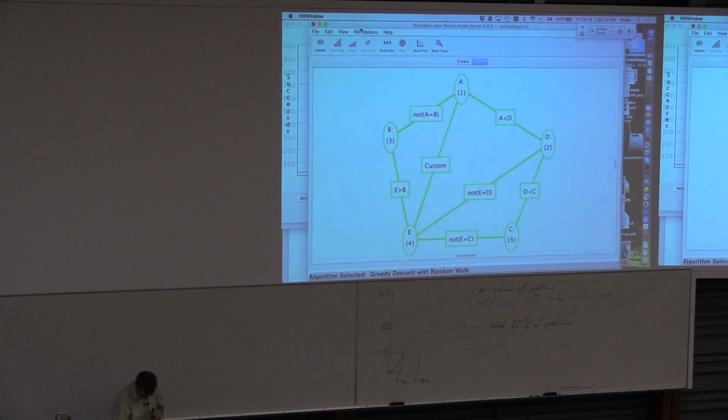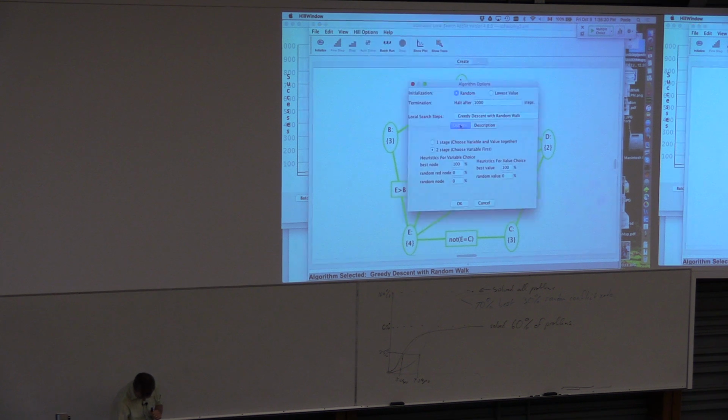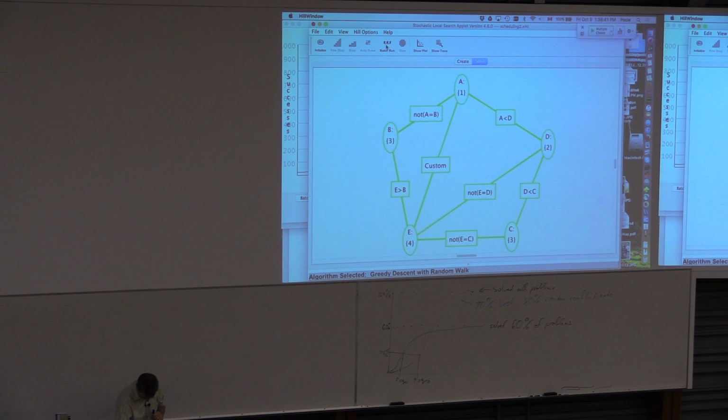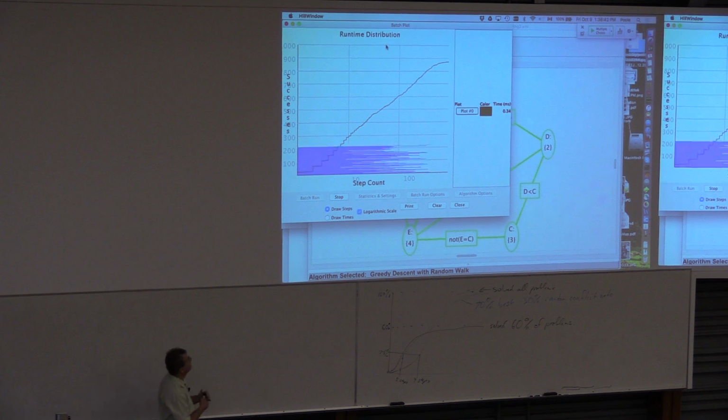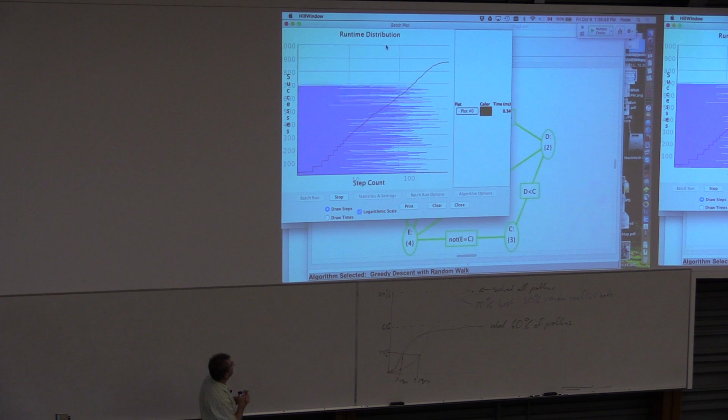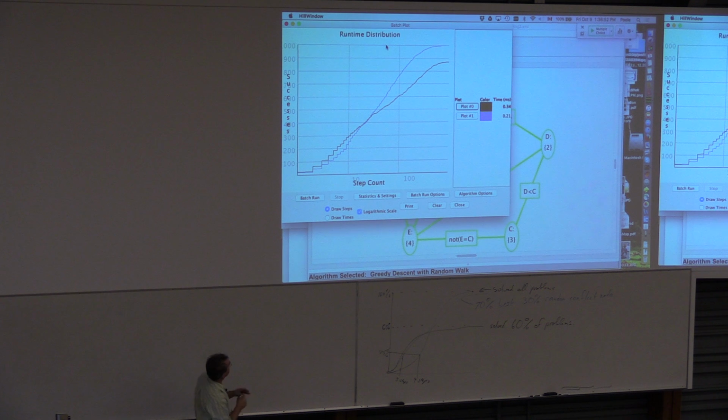If I then do, let's do all three again. Let's do 0, 100, and we'll do another batch run. This is now doing a random node. It's going to look, in some sense, similar to the other one.